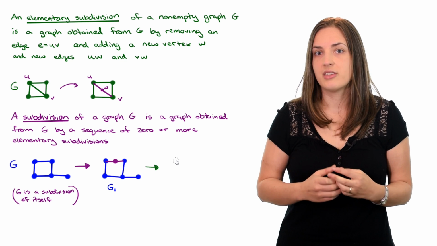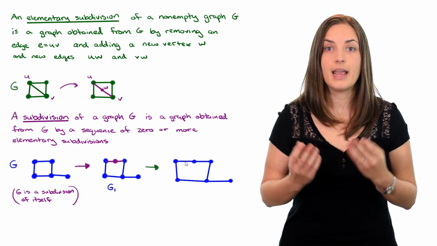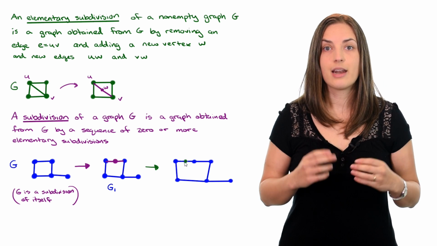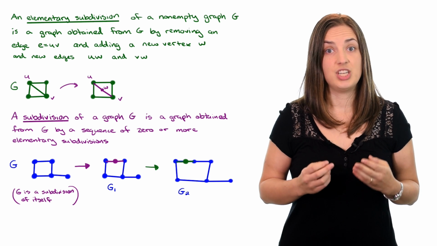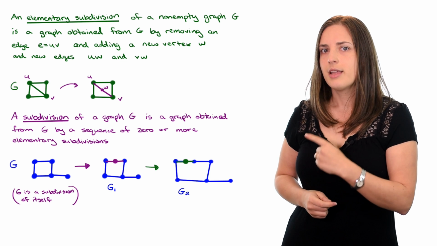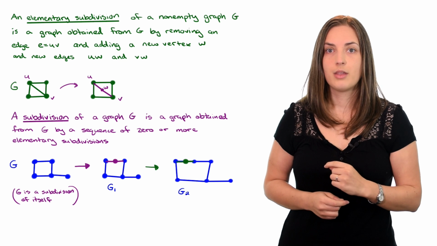But now this is just a graph, and we could perform another elementary subdivision on any one of the edges we like. So again, I'll just pick an edge and do another elementary subdivision to get the graph G2, and notice that G2 is an elementary subdivision of G1.